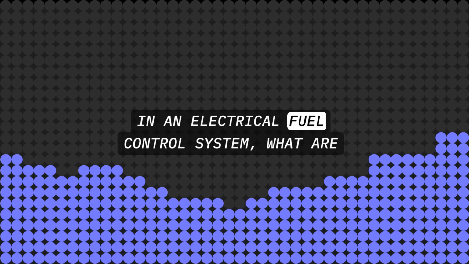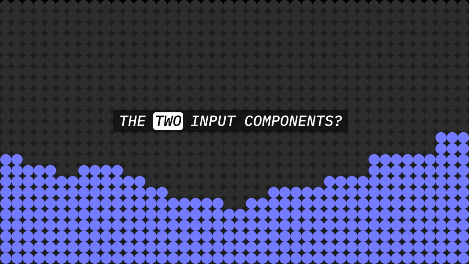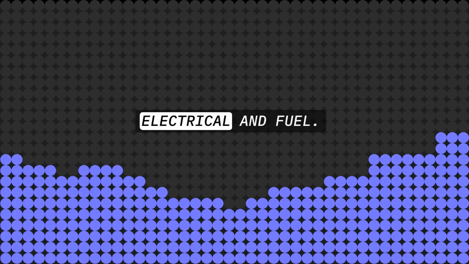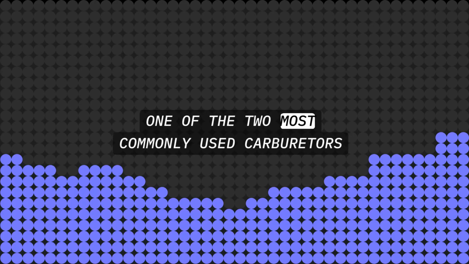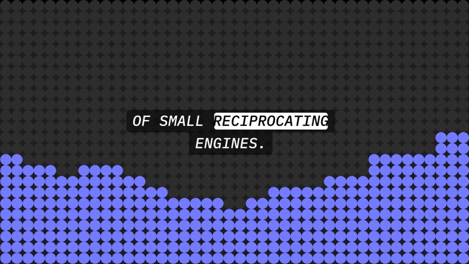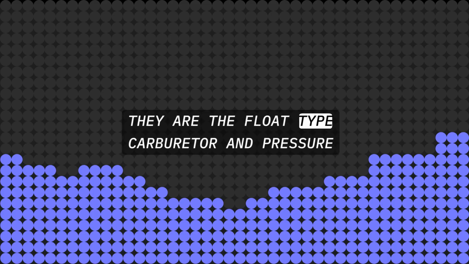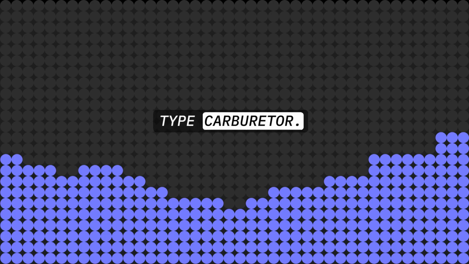In an electrical fuel control system, what are the two input components? Electrical and fuel. What are the two most commonly used carburetors of small reciprocating engines? They are the float type carburetor and pressure type carburetor.